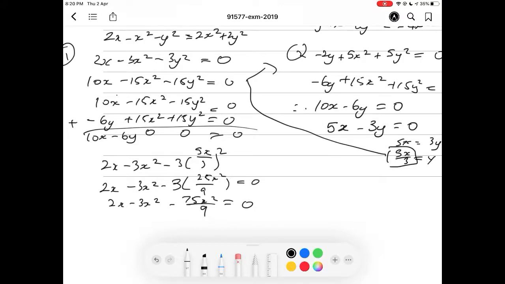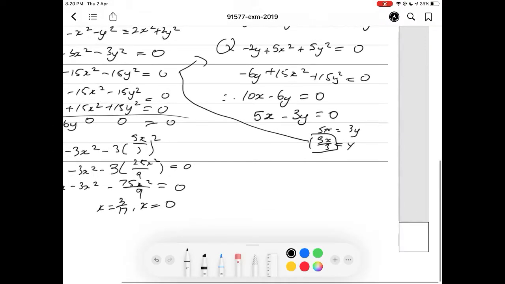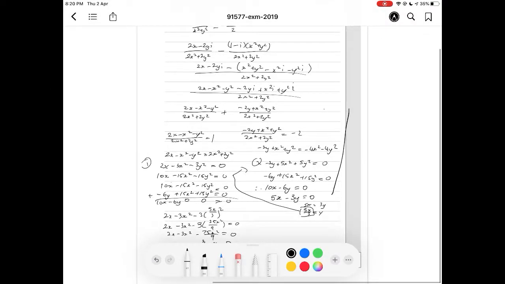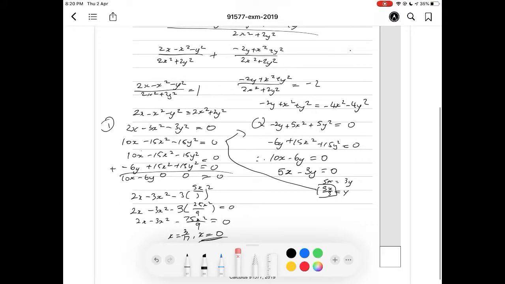Alright, so negative 3 minus 75 over 9. So therefore, we get our x value equals 3 over 17, or x equals 0. To know about this x equals 0 solution, let's say we use x equals 0. That means our y also has to be 0, because we know 5x over 3 equals y.